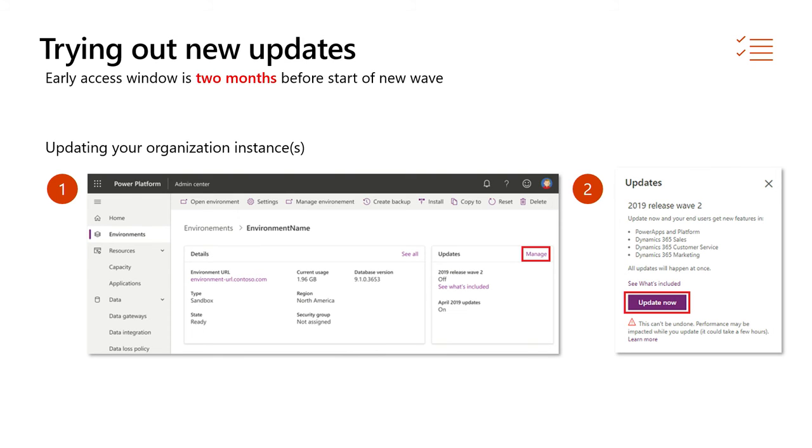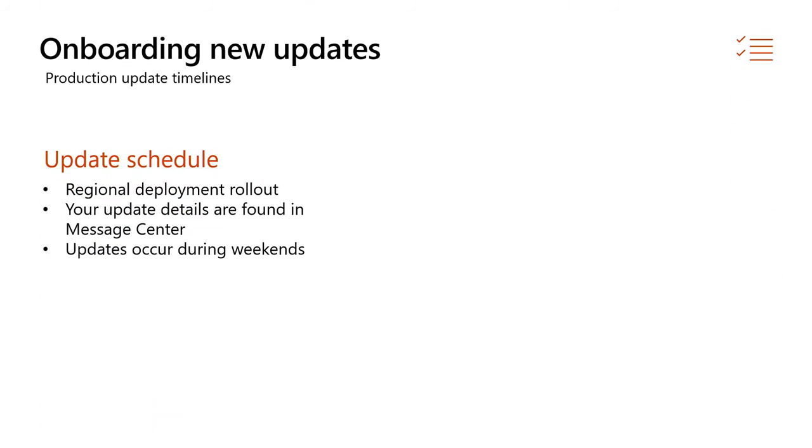And last but not least, I get this question all the time. So I learned about this, I watched the videos, I tried it on my sandbox. When is it actually going to get delivered to my production environment? You no longer pick, we deploy to you, but there is a window where you can see and prepare for it.